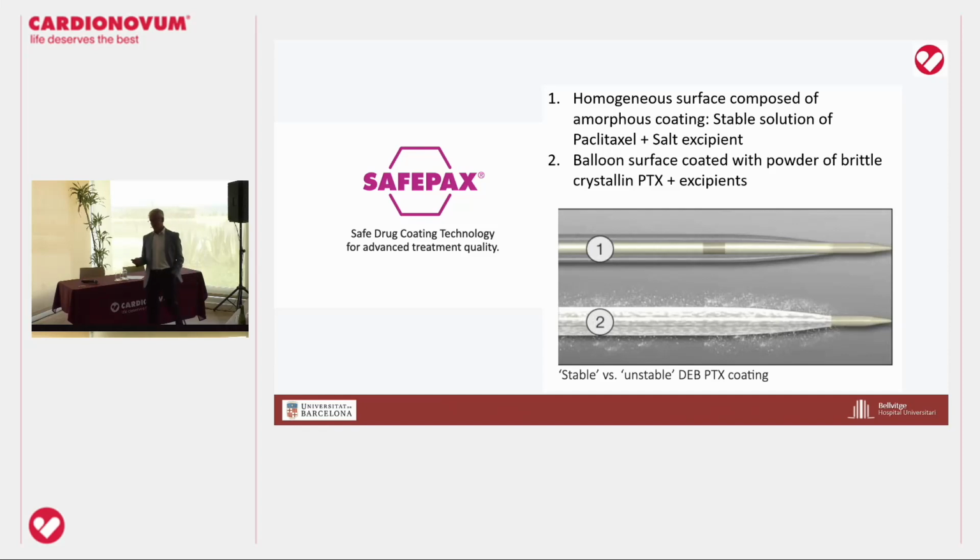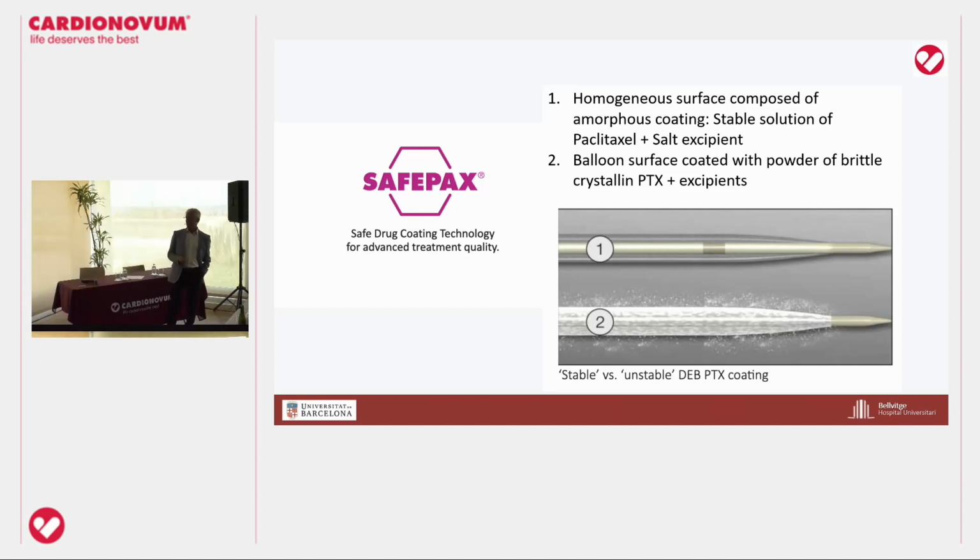But there are increases in the technology, for example, the Cardionovum Restore balloon has the SafePac. The SafePac is an excipient on the outside of the balloon that creates a homogeneous surface composed of an amorphous coating, a stable solution of paclitaxel and salt excipient, instead of a balloon surface coated with powder or brittle crystals released to the vessel wall, and avoids this microcrystalline or distal embolization that they talk about in the talks after this.